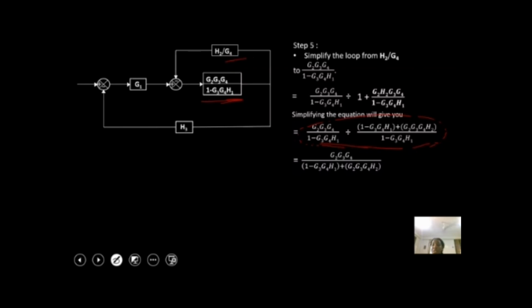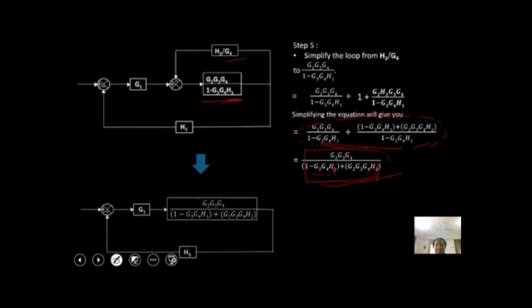So this and this will cancel out in the end. That's why I'm getting G2, G3, G4 over 1 minus G3, G4, H1 plus G2, G3, G4, H2. Yeah, that's how I'm getting this whole equation.